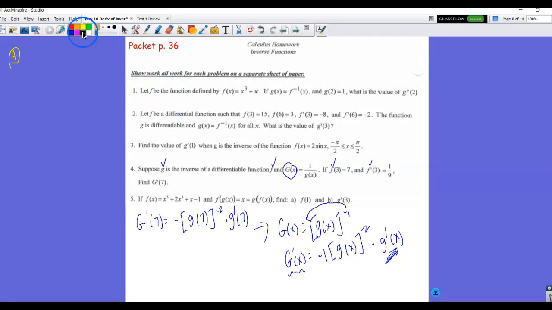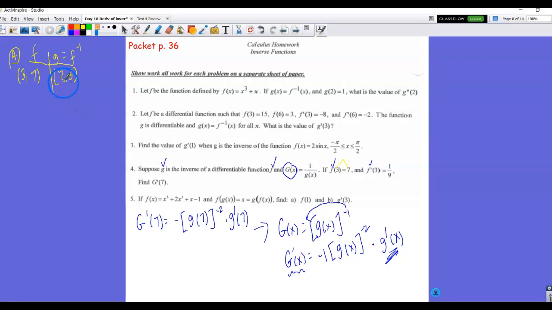So now I have to use that idea that f and little g are inverses of each other. So there's f, there's little g, which is f inverse. Let's see what's going on here. They tell us that we have the point (0, 3) on the original function f, which means we have the point (3, 0) on the inverse g.